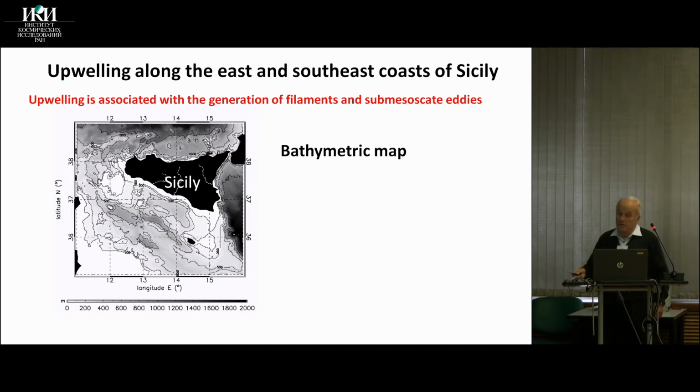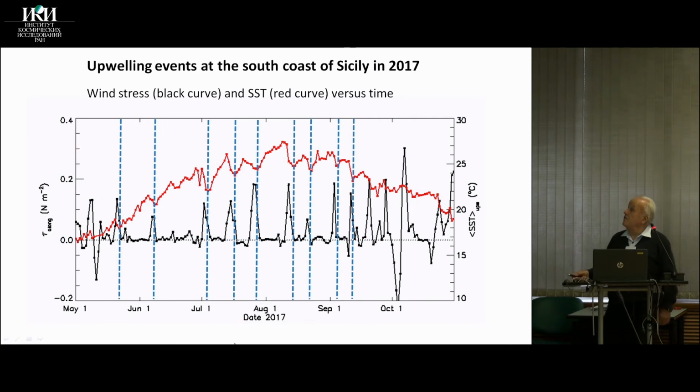And in the next view graph, I show the statistics of upwelling in 2070. Here you have the wind. So upwelling occurs in this area only between May and October. And here you have 9 upwelling events.